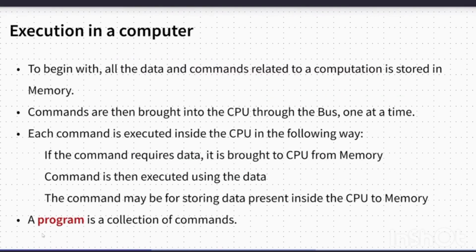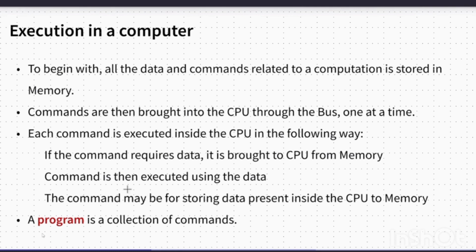Now let us see the execution in a computer. To begin with, all the data and commands related to a computation are stored in memory. Commands are then brought into the CPU through the bus one at a time. Each command is executed inside the CPU in the following way. If the command requires data, it is brought to the CPU from the memory.